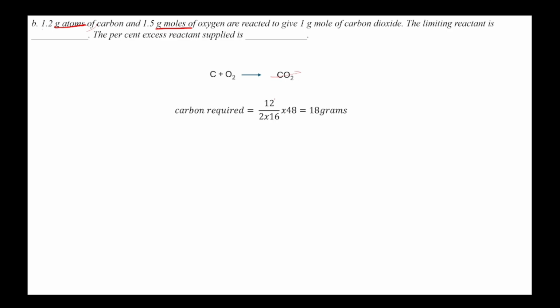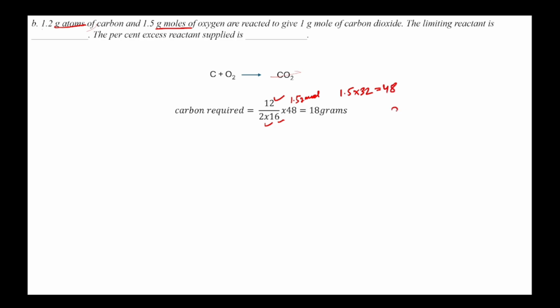molecular weight of carbon 12 divided by oxygen 2 into 16, 32, into 1.5. Carbon required corresponding to oxygen. Oxygen is 1.5 gram mole, that means 1.5 into 32, right? That will give 48.